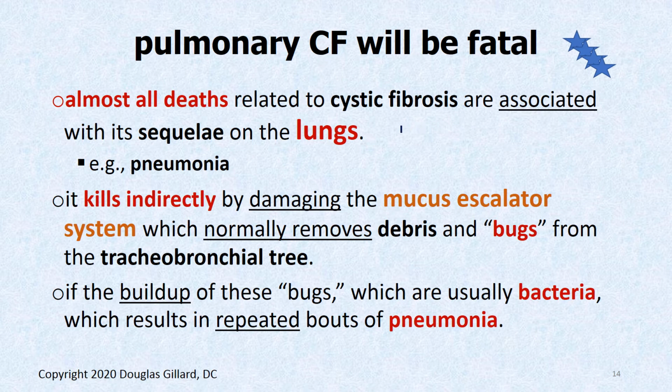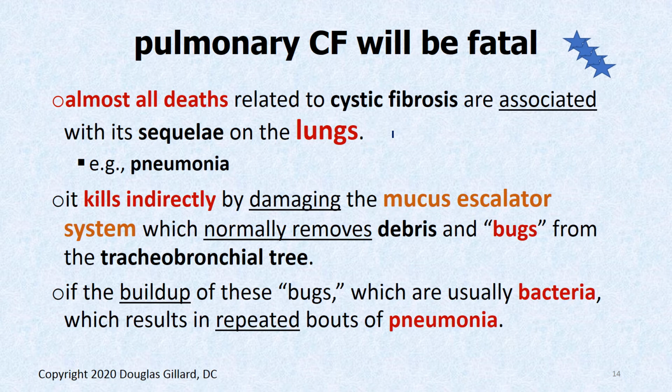So almost all deaths related to cystic fibrosis are because of its involvement with the lung tissue. And it's not cystic fibrosis in and of itself that kills. It's the sequelae of cystic fibrosis. Remember, we haven't really talked about it, but we will.